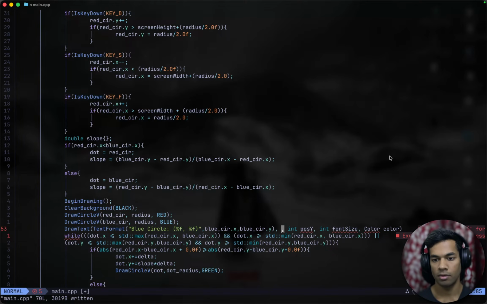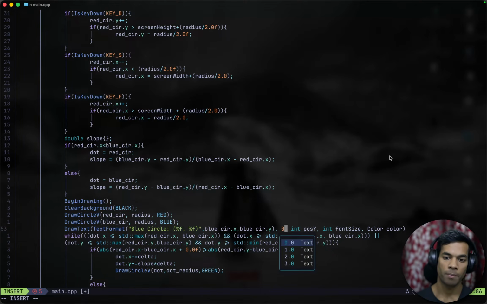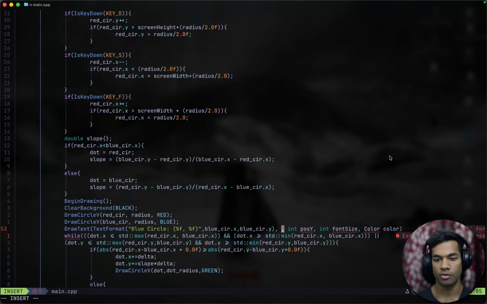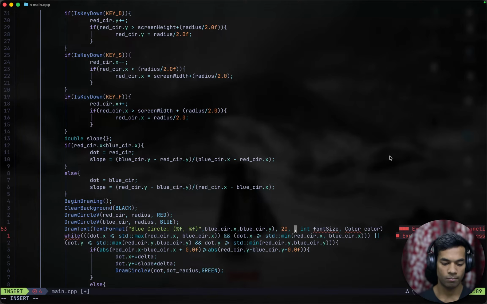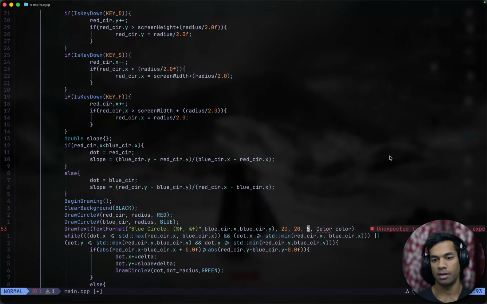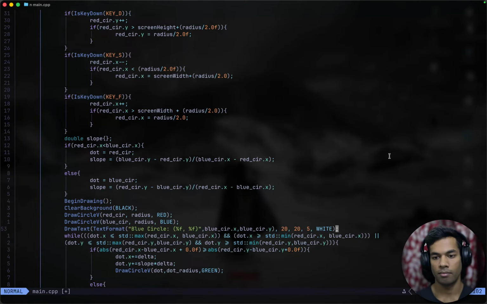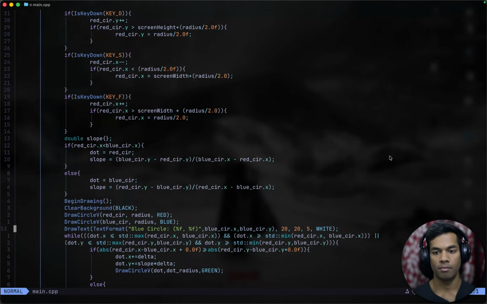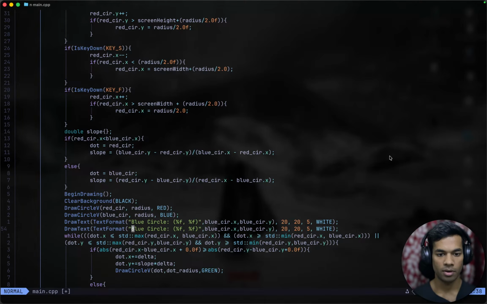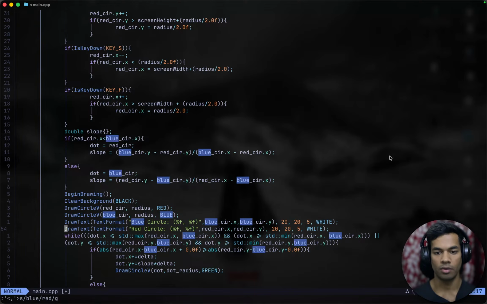That is nice. Draw this at the x coordinate, 20 is nice, and y coordinate 20 is also nice. Font size, let's test, and that would be white. And here do the same thing with the red circle: substitute blue with red globally.